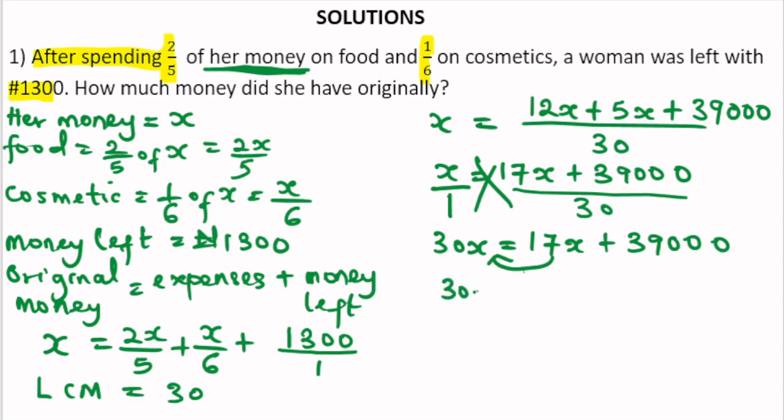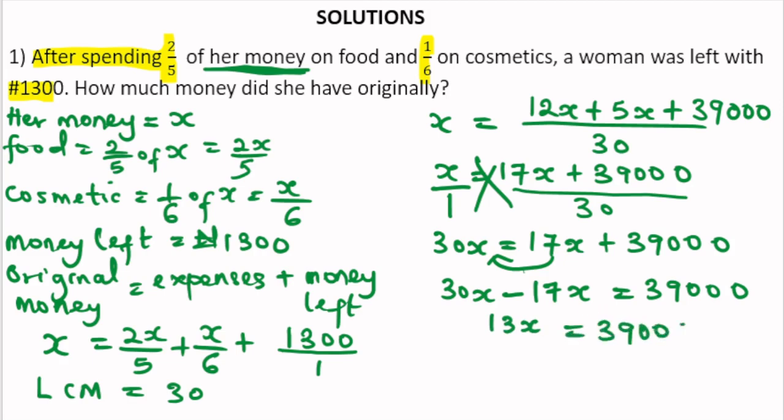So 30x, when plus 17x crosses the equation sign, it turns to minus 17x equal to 39,000. 30x minus 17x gives us 13x equal to 39,000. To get the value of x, we have to divide both sides by the coefficient of x, which is 13. So 13 cancels 13, we have x equal to 39,000 divided by 13, which gives us 3,000.